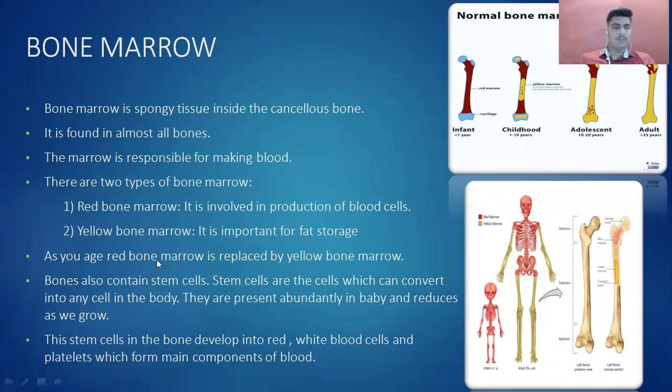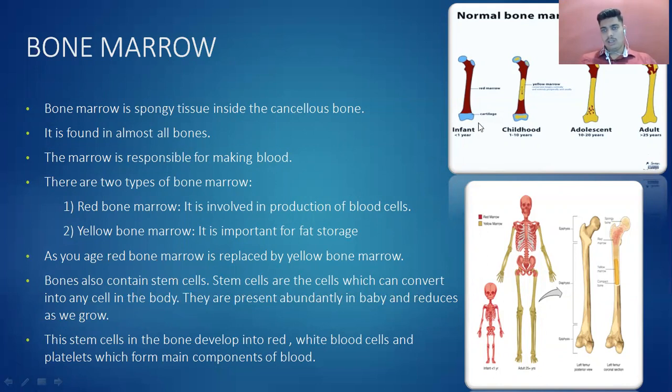As you age, red bone marrow is replaced by yellow bone marrow, and bones also contain stem cells. Stem cells are the cells which can convert into any cell in the body. They are present abundantly in babies and reduce as we grow.